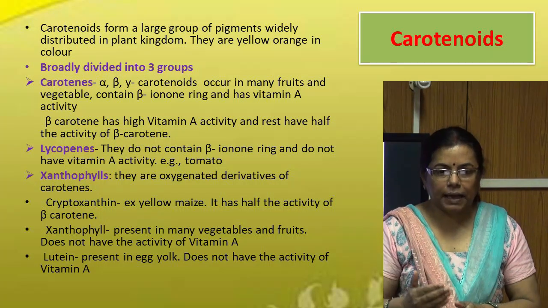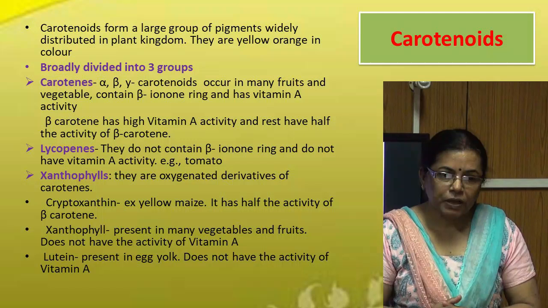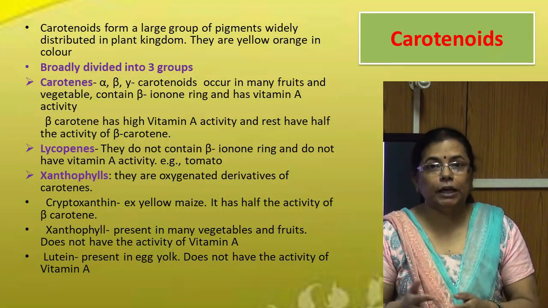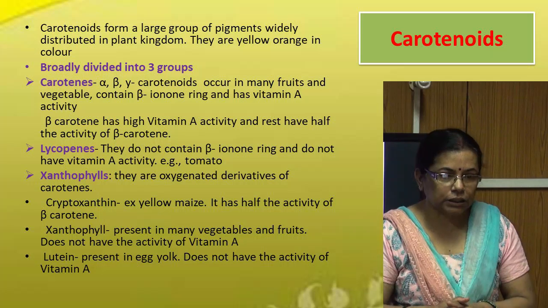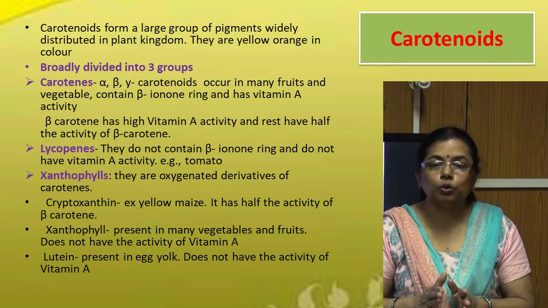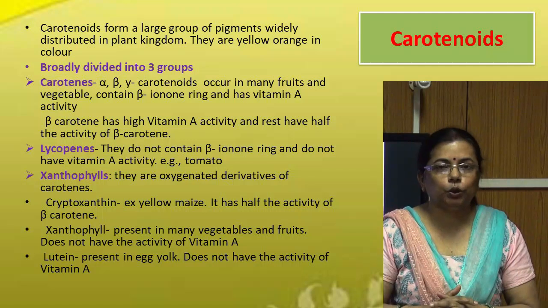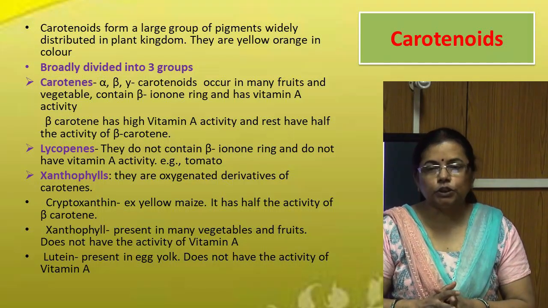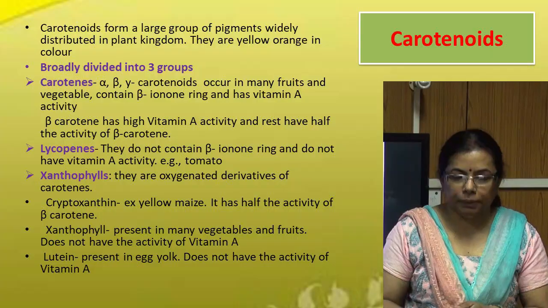It has half the activity of beta carotene. Xanthophyll is responsible for the yellow color of fruits and vegetables and present in many fruits and vegetables. It also does not have the activity of vitamin A. Lutein, present in egg yolk, does not have the activity of vitamin A.